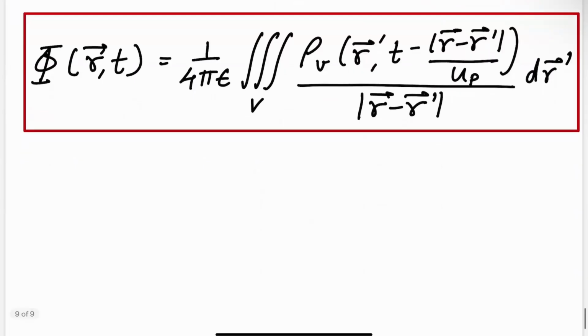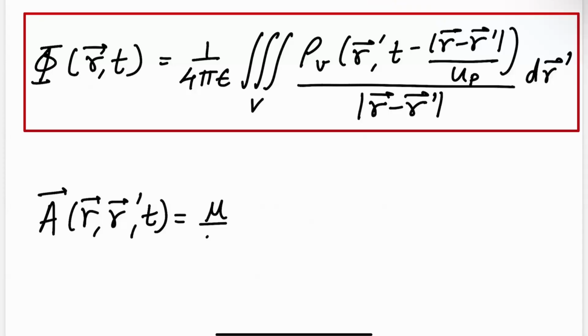So you can do the same thing in Cartesian coordinates with the different A's, the Ax, Ay, Az, and you get three equations like that. Then you can add them back up to get the vector form of A, which is now the solution of the wave equation for the magnetic vector potential.